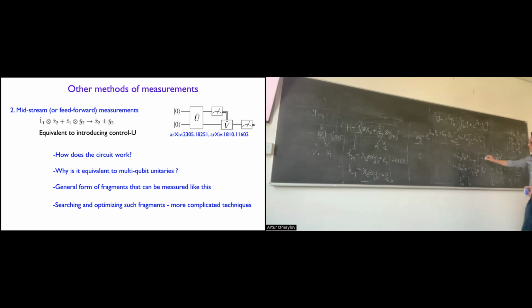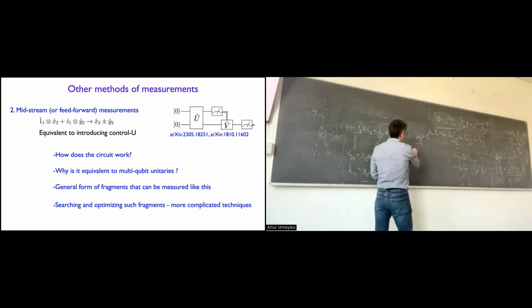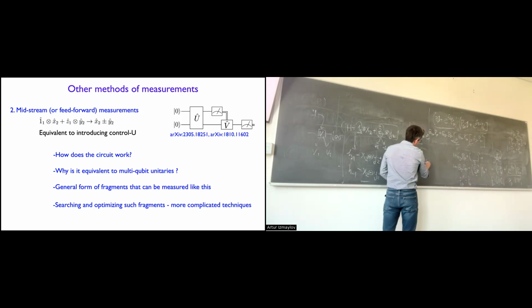And so what this is really is controlled unitaries. If you remember what we discussed last time, like yesterday, control not was written as essentially projector to 1 plus times identity, and then projector to 1 minus, and x 2, right?